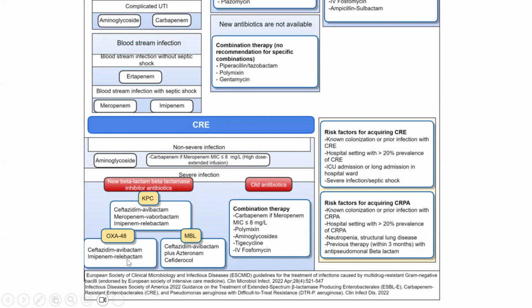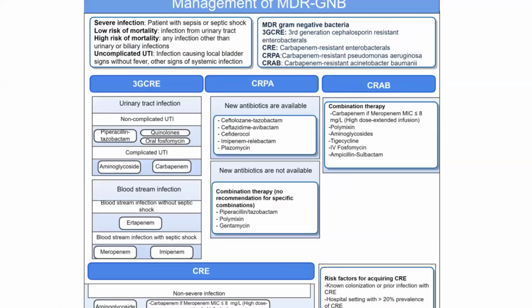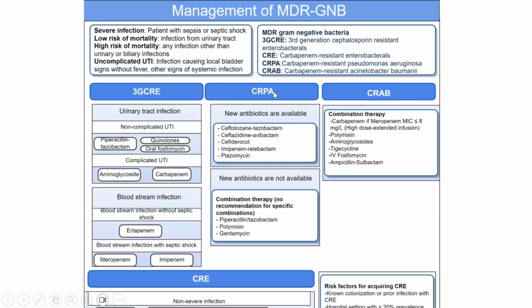And if you don't have the new beta-lactam, beta-lactamase inhibitors, we can use any combination from the old antibiotics plus or minus carbapenem or meropenem.